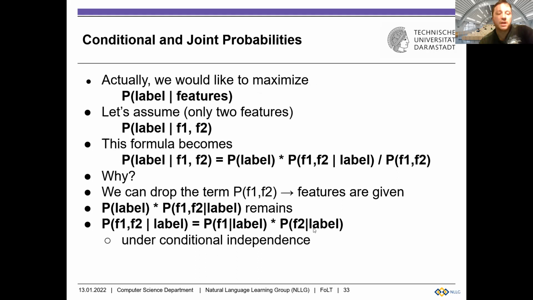This is under the conditional independence assumption. This assumption is not true, so we cannot really assume such independence, but using this assumption, we can actually get a nice and simple formula that is easy to compute, and this is tractable, and therefore that makes our algorithm and our model simple.